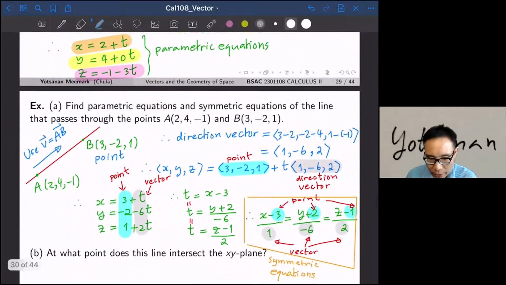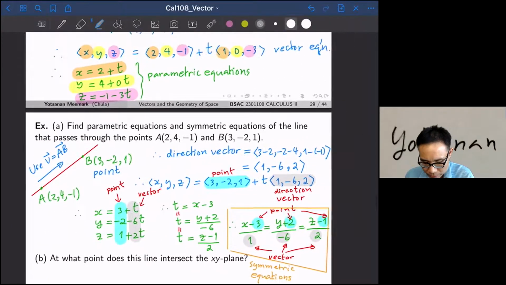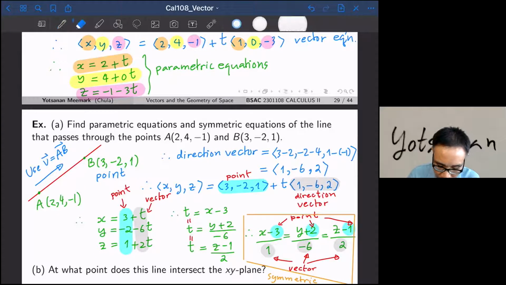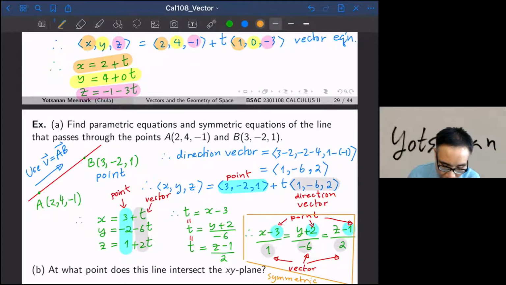What will happen if a component of the vector turns out to be equal to 0? You see that you have no problem with the parametric equation.